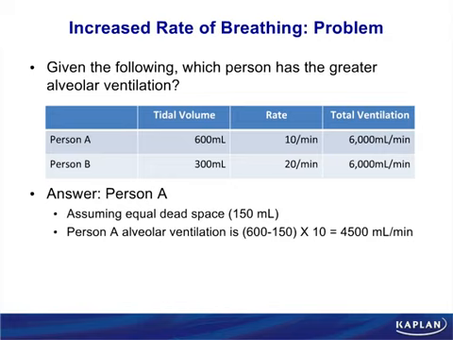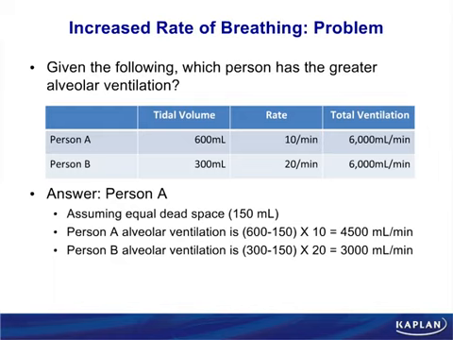That's 600 minus the 150 times 10. But notice now when we calculate person B's alveolar ventilation, tidal volume is 300, subtract out the 150, multiply times 20, and we only get 3 liters per minute. So as you can see, in general, increasing depth is more effective at increasing alveolar ventilation than increasing the frequency.